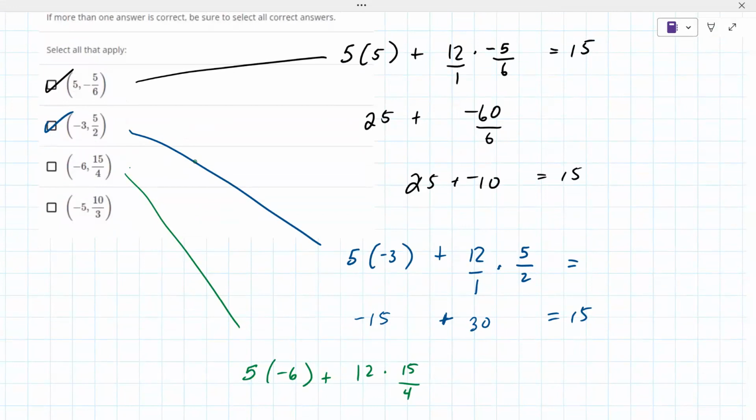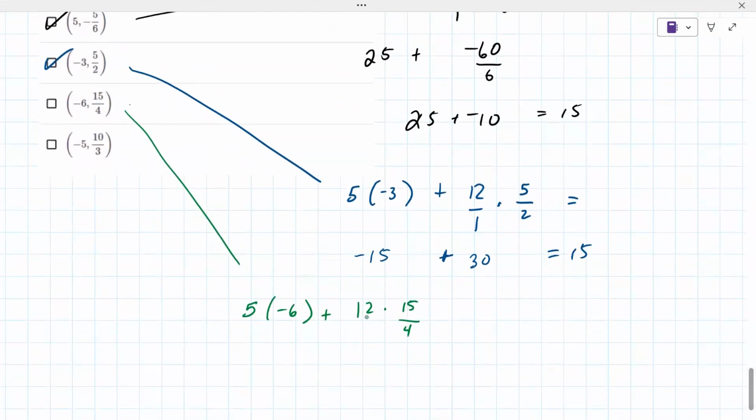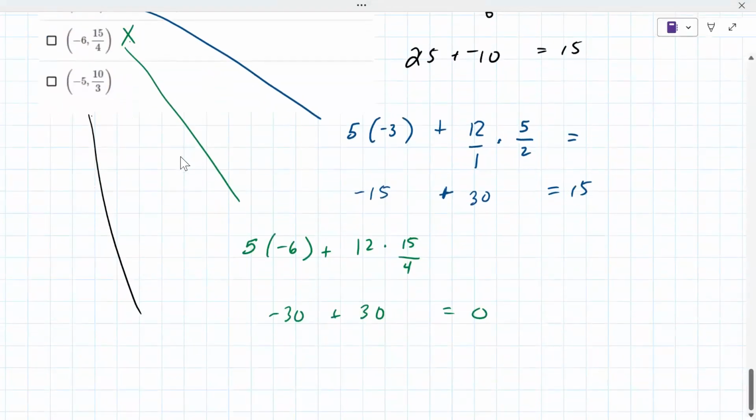Oh, I got it wrong. I got -30 plus this ends up being 30, so it's 0. So it's not that one. Does not work. All right, let's try the last one. 5 times -5 plus 12 times 10/3.